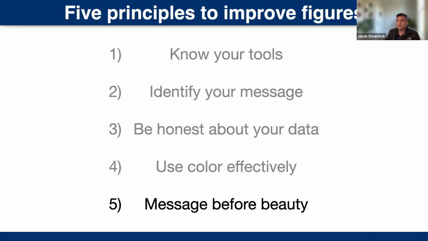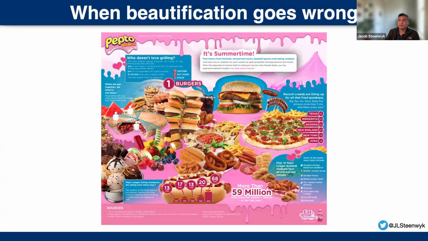Okay, and the very, very last thing, something that I think everyone knows, is message before beauty. No need to over clutter or over complicate things. One example that I found of this was Pepto-Bismol basically plugging their product by showing a bunch of the foods that you might be eating that might warrant the use of Pepto-Bismol.